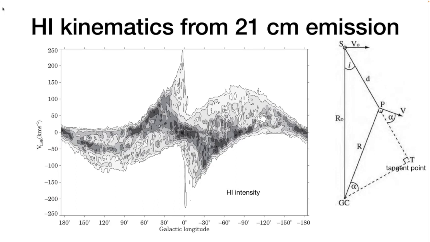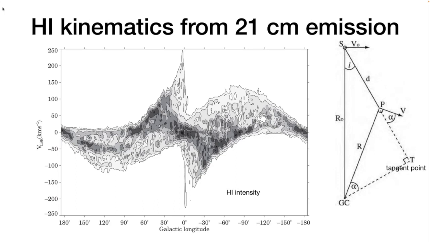The other thing to note here is that we don't know R, so we can't really use this method in general. But if you go in this direction, the maximum line of sight velocity happens when the difference is maximum. This is fixed. When omega R and omega naught differ the most, that's when you see the maximum line of sight velocity.